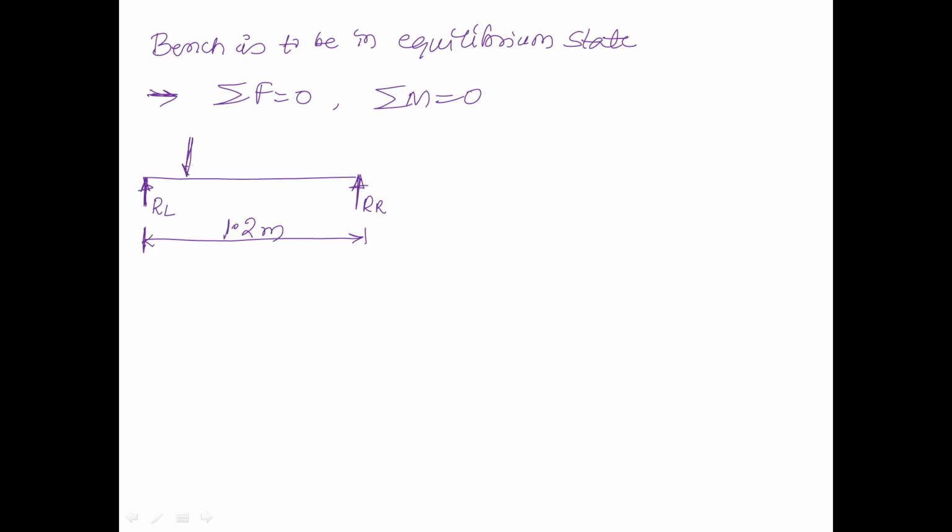Now person A is sitting at a distance of 0.3 meter from the left support. He is weighing 1000 Newton. And there is one more person sitting at a distance of 0.6 meter from the right support, weighing 900 Newton.